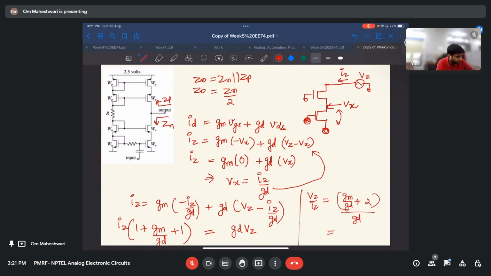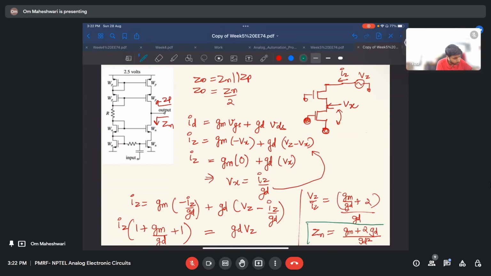So if I solve this, it will be gm plus 2 gd divided by gd square. So this is our Zn that we are trying to find.